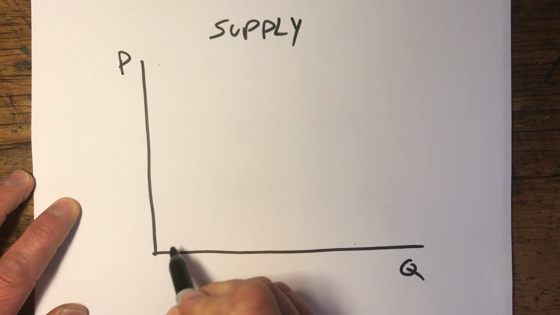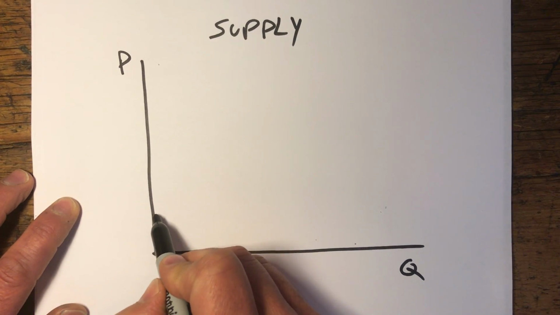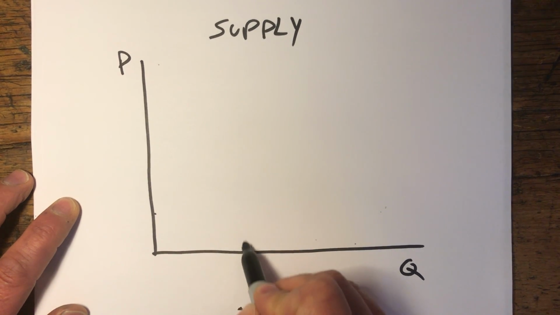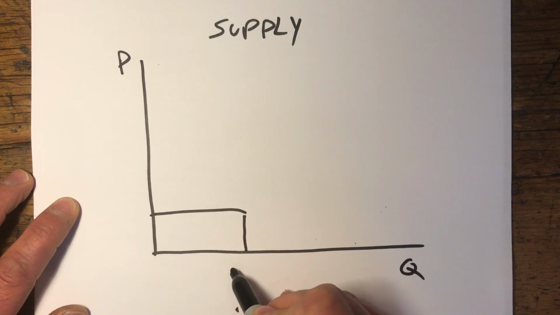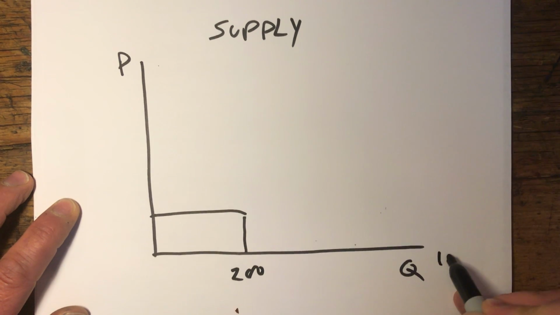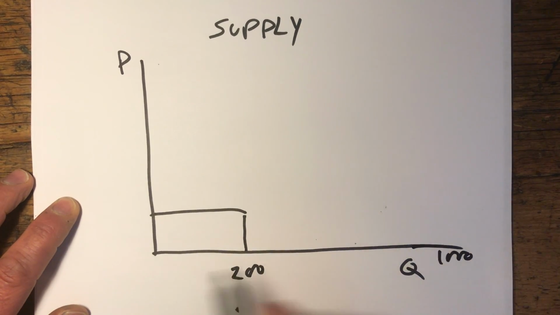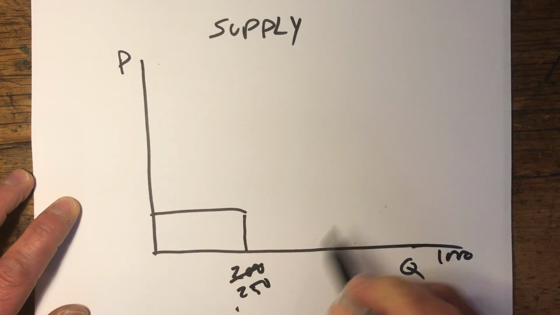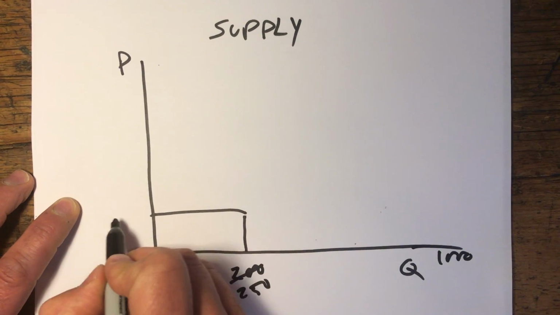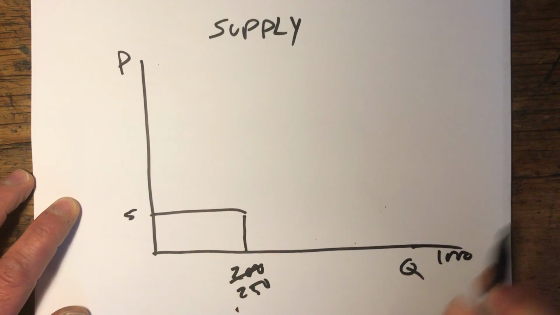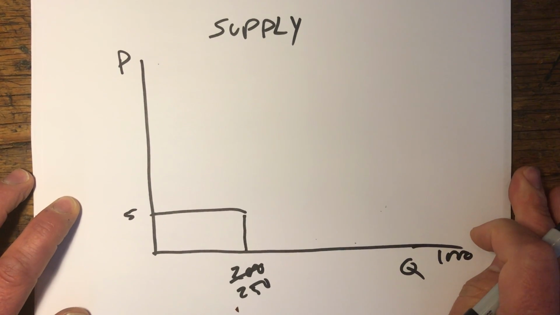The first producer is going to say, well, we can actually produce quite a lot. We can produce, let's say that number is 200, but this goes up to 1,000, not exactly to scale. Let's say that's 250. We can produce 250 golf balls, and we'd be willing to sell those at $5 a golf ball.